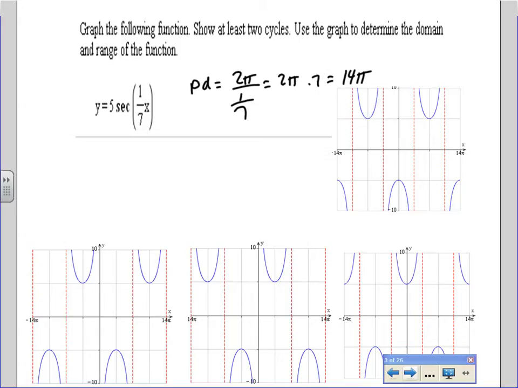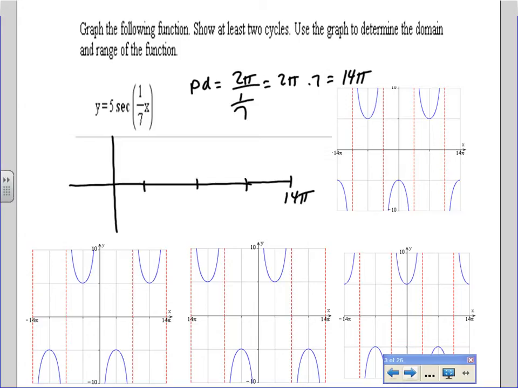Now, let's do the graph. Remember, what we're going to count by here is we're going to take the period and divide it by 4. I think this way would be a little bit easier. We're going to start with 14 pi and separate it into 4 parts. So I'm going to divide it in half and then divide it in half again.